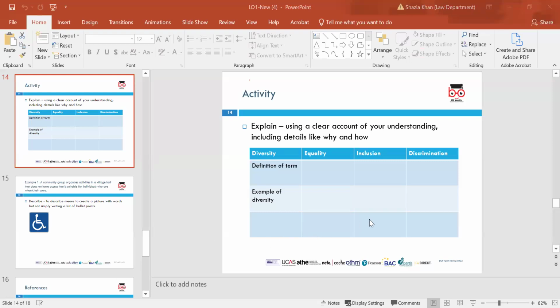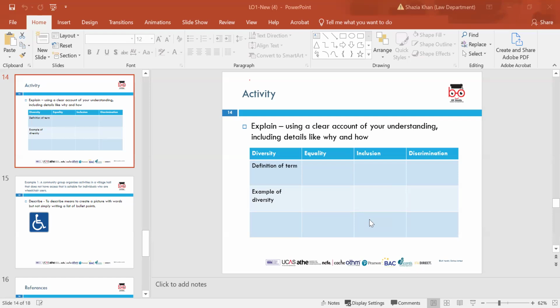When we look at equality, diversity, and inclusion, everyone should have an equal opportunity to access high quality care within the health and social sector and support to meet their individual needs, and people should not be disadvantaged due to their background, their culture, or community.